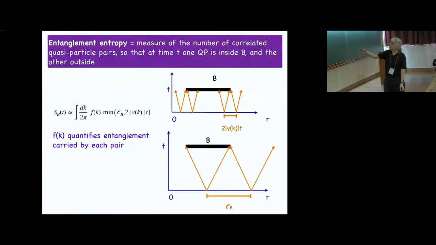Now what Calabrese and Cardy said is that entanglement entropy is a measure of the number of correlated quasiparticle pairs such that at time t, one of them is inside B and the other one outside. This was basically the postulate, and let's see how that works.